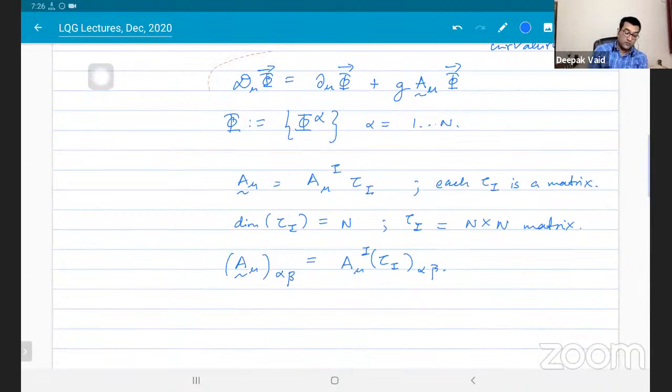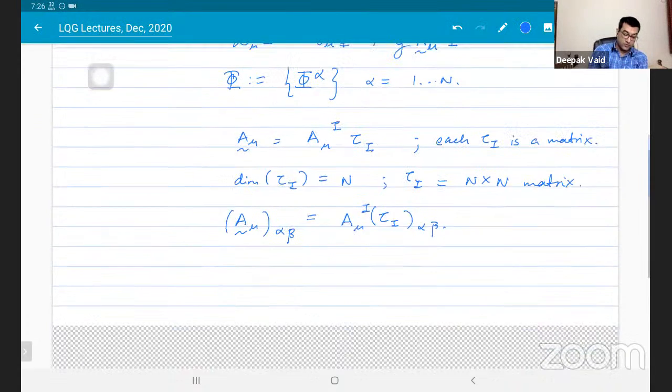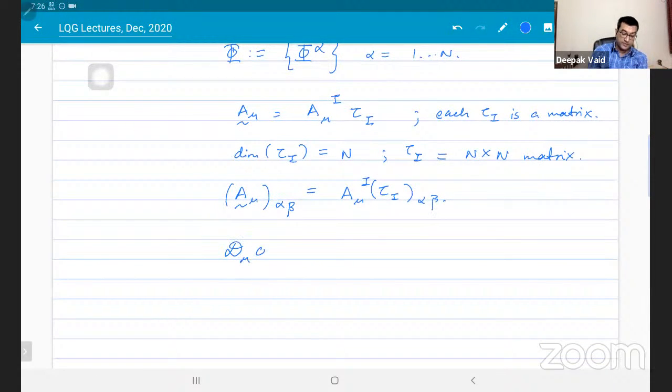And now I write down this whole derivative in this matrix notation. So now I have d mu phi alpha. This is my space-time index. This is my quote unquote internal index, right? The degrees of freedom of the scalar field at each point.